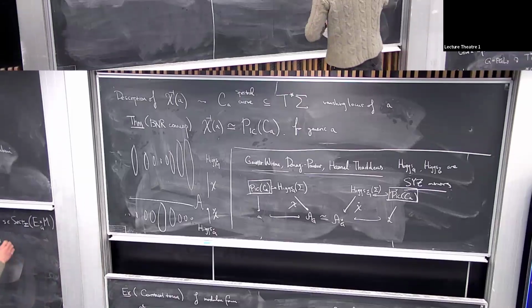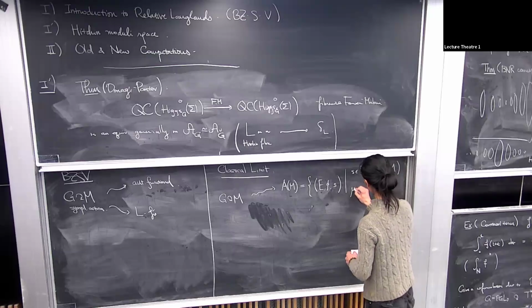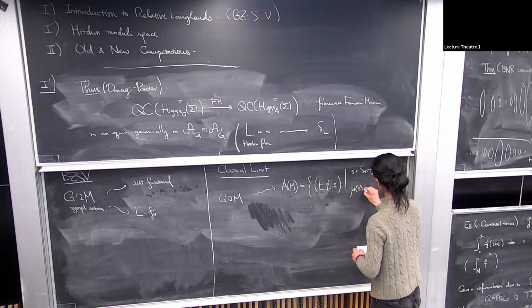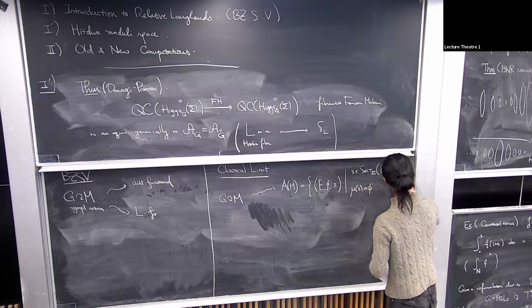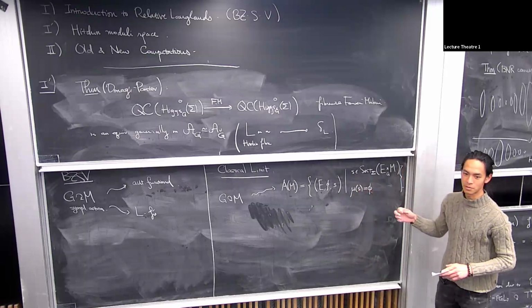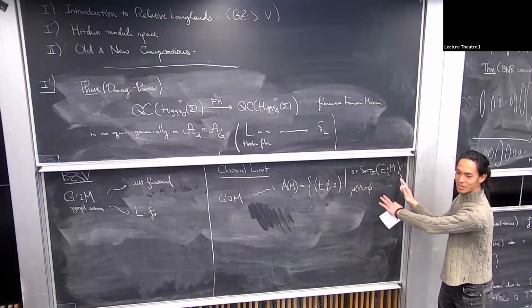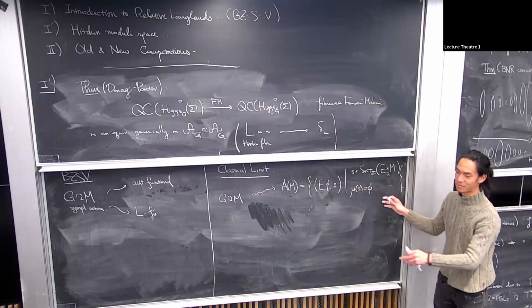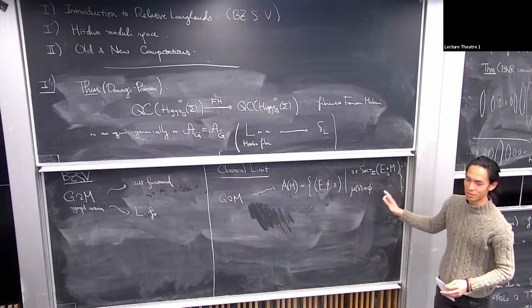And then I can use the moment map, and I ask that the moment map applied to that section is the Higgs field. There are some lies in this because I don't want to go into too much detail, but I'll give you an example that basically says all the important stuff.